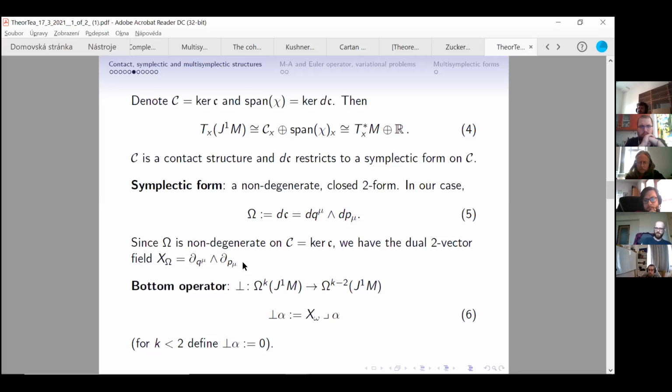There is also a natural notion of top operator, which is simply wedging with the symplectic form, but we do not need this in this talk. Although it is quite interesting, because if you compute the commutation relations of the bottom and top operators, where I recall top is just wedging with the symplectic form, then they satisfy the relations of an sl2 algebra.